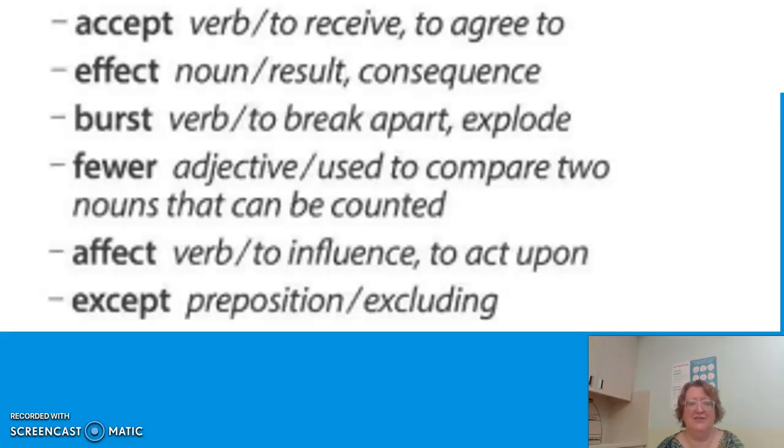Let's read it together. Burst, verb, to break apart, explode. Now let's do fewer. Fewer, adjective, used to compare two nouns that can be counted.